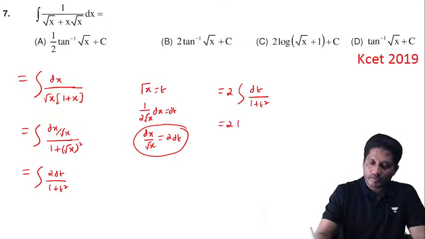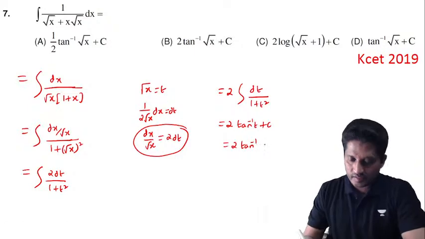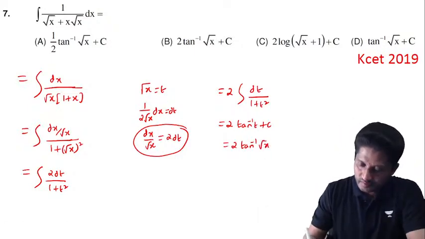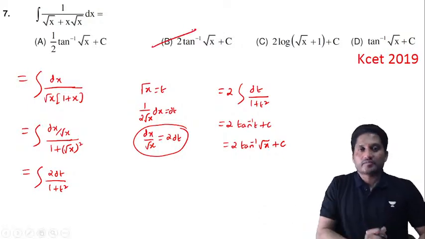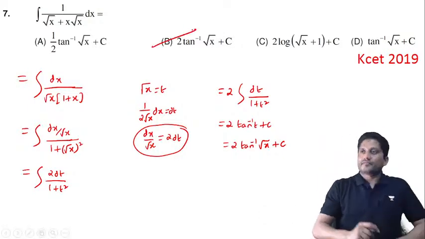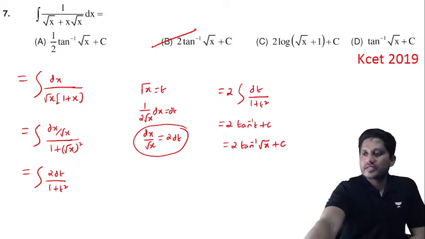Integration of 1 by 1 plus t square is tan inverse of t plus c. The value of t is equal to root x, so you get 2 into tan inverse of root x plus c. Answer is option B. Right, let's move to the next question.